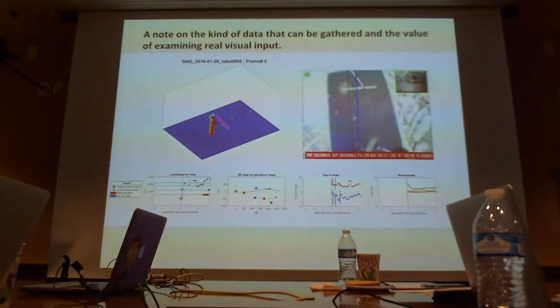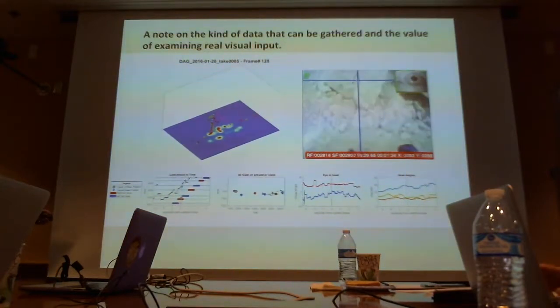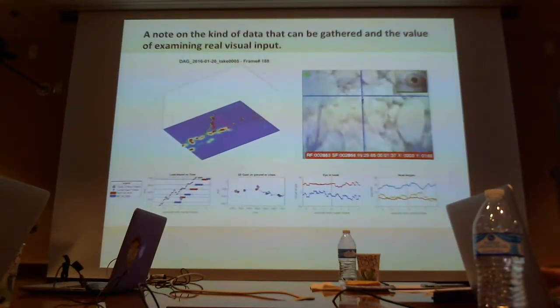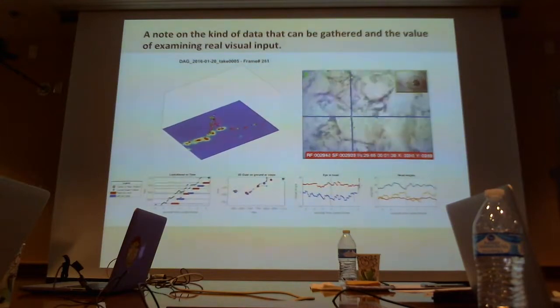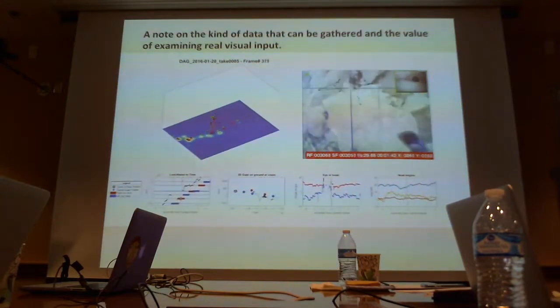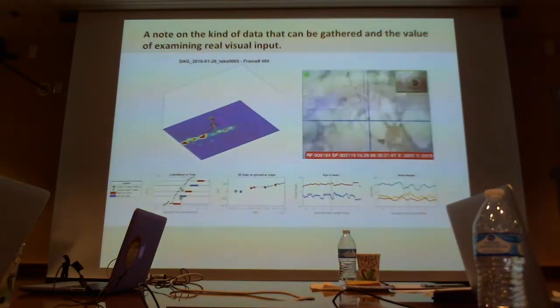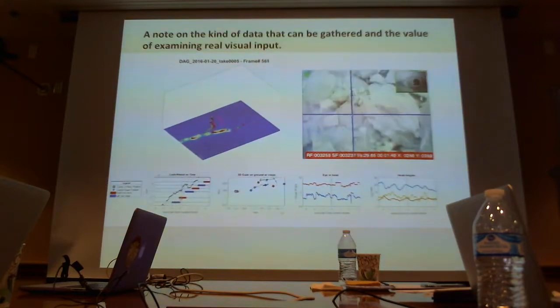Again, this is a little bit of an aside, but because of the topic of this meeting, I throw in this more complex stuff. This is a really rich data set and there are lots of questions you can ask. Here these are the footsteps, and this is gaze, and so you can relate where gaze is to the footsteps.